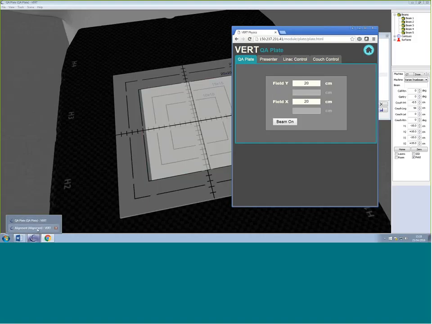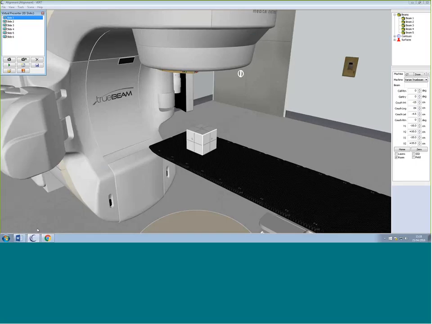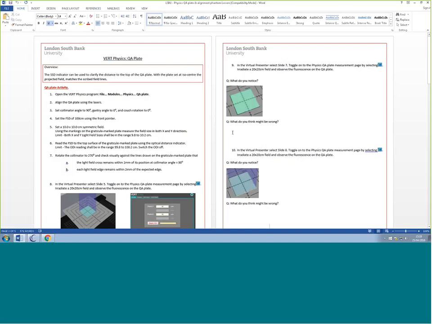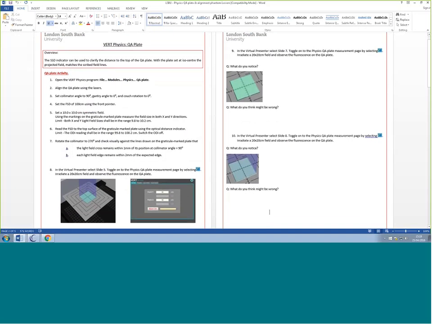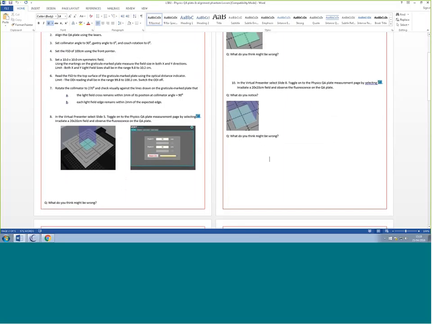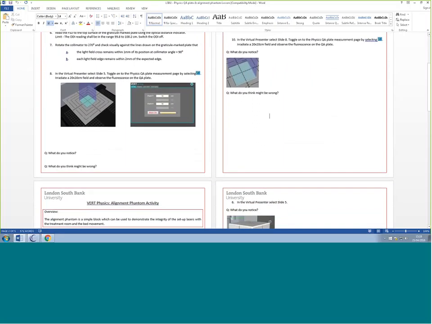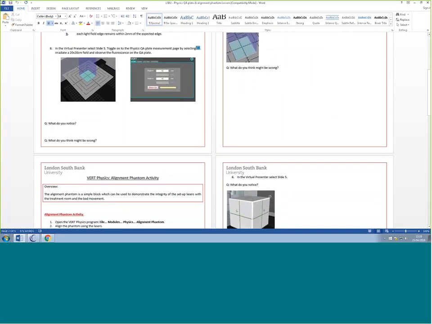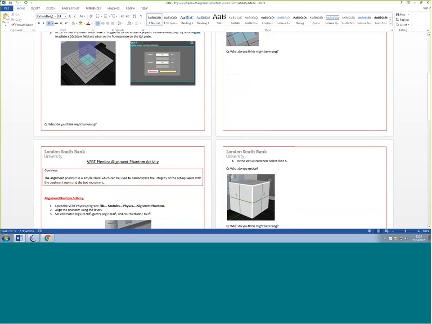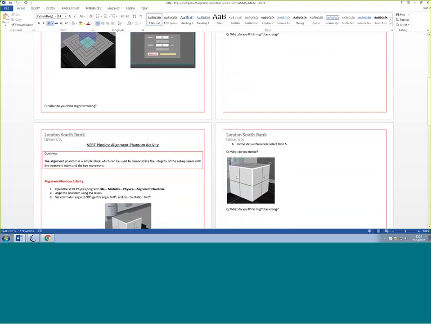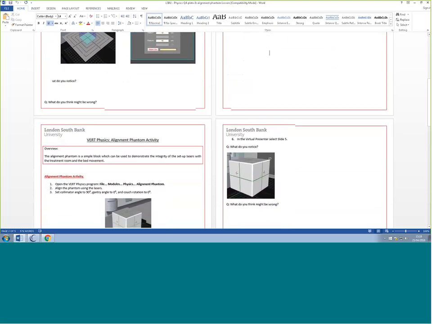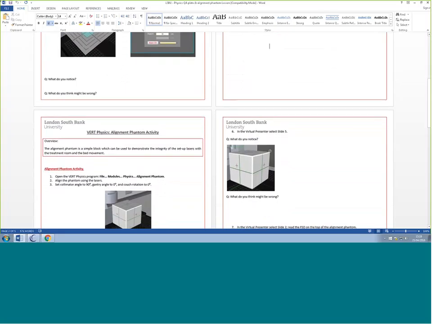So we then can utilise the alignment phantom, and we use the alignment phantom for the second part of the QA plate discussion itself. If we just scroll down through here. And the alignment phantom activity is very useful to ensure that students understand the importance of the integrity of setup utilising lasers.